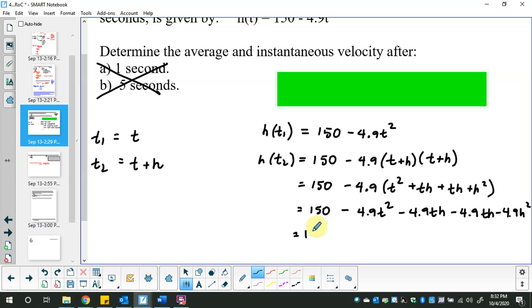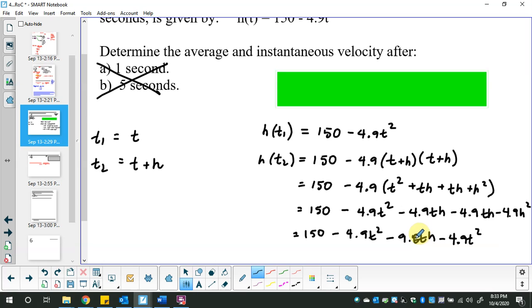And then I'll collect like terms. And again, you physics students should recognize a number right about now. You can't do physics without math.